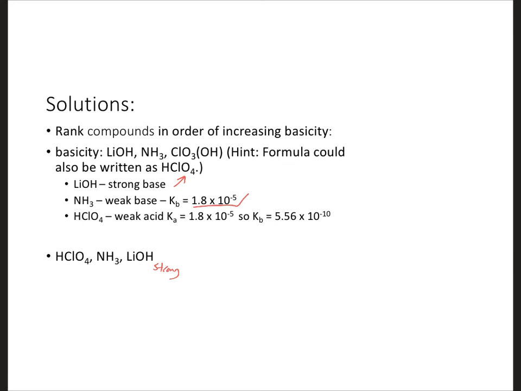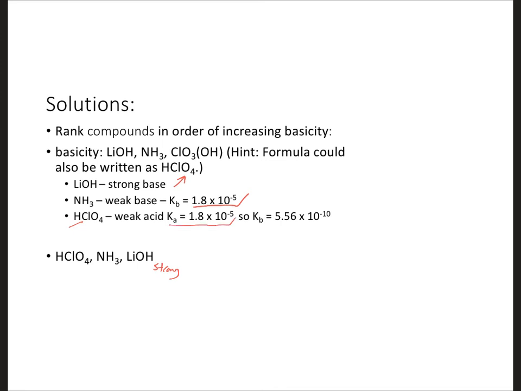Now, HClO4, this probably looks to you like an acid. We got that H written out front. And so this is, in fact, a weak acid, which means that its conjugate base is also going to be weak. So a weak acid is going to give a weak conjugate base. So a Kb table is going to be very important for us.